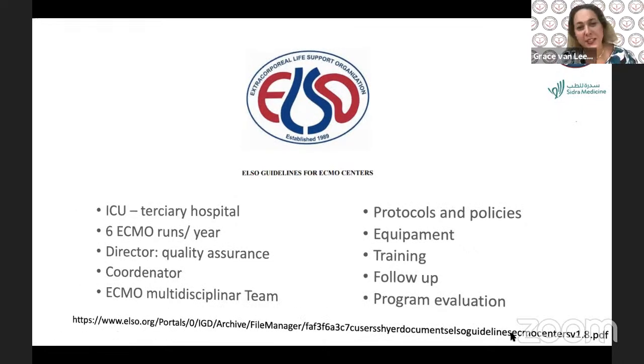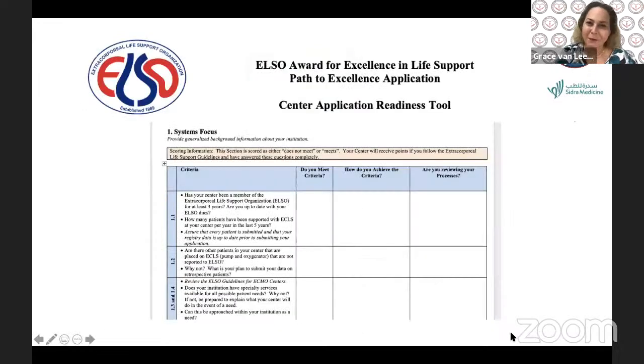When we decided to start our program, we looked at that guideline, but we did something a little bit forward. ELSO also has an Award of Excellence, which acknowledges the centers that do ECMO in the best way they can. So when we started the program, we looked at the guideline on how to build it, but we also looked at what would be required to achieve excellence and the award from ELSO.